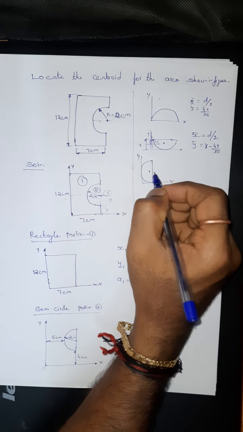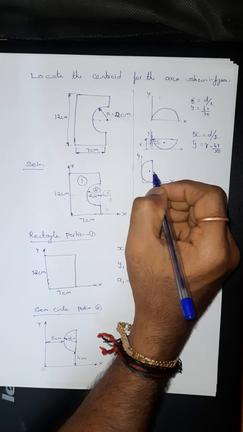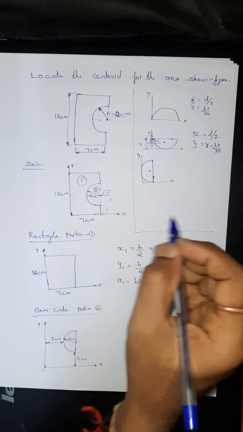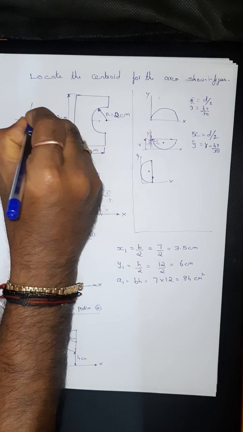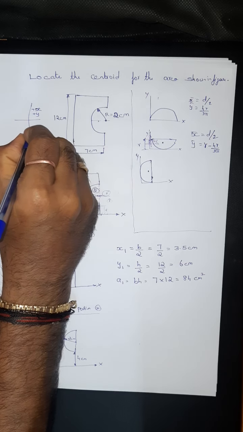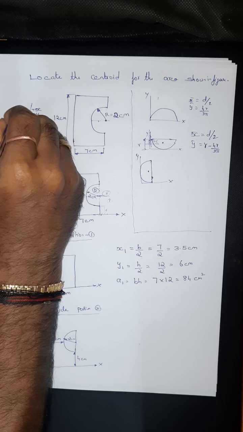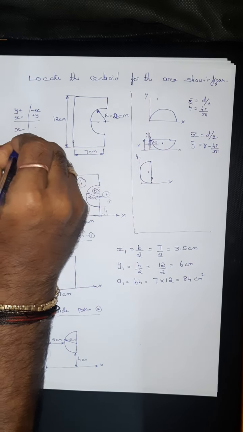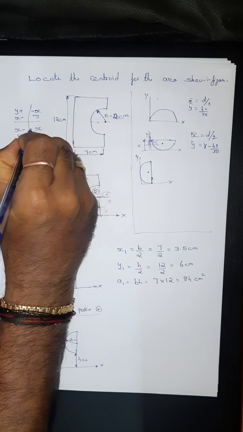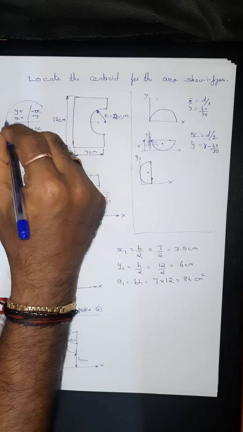In the second quadrant, x is negative and y is positive, right? First, let me draw the quadrants here. Here it is positive x and positive y, plus plus. Here in the second quadrant, y is positive and x is negative. In that quadrant, x and y are both negative. Here x is positive and y is negative. Right? This is what I was referring to.